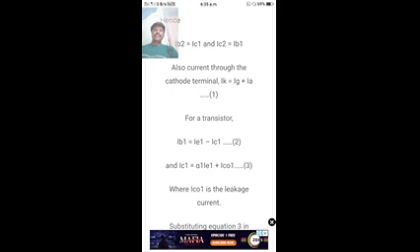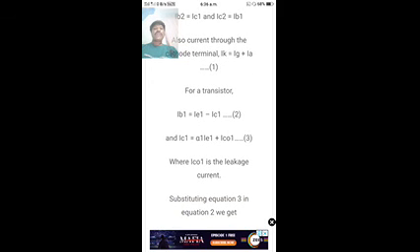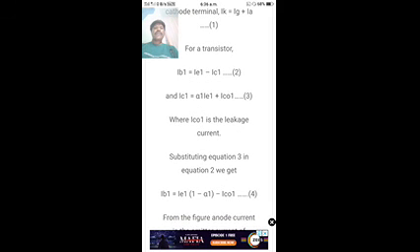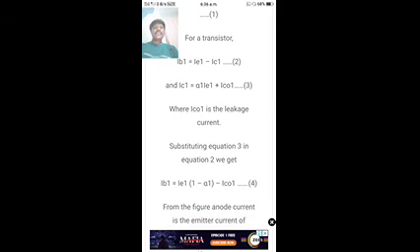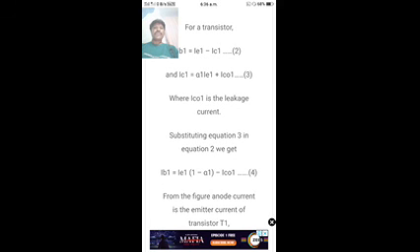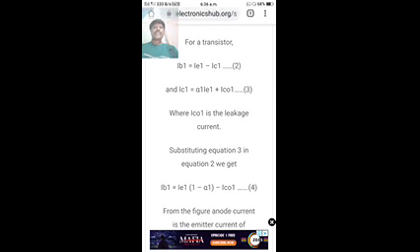And we can write the equation for the collector current IC1 corresponding to this configuration, which is alpha times IE1 plus ICBO, shown in equation 3, where ICBO1 is the leakage current of transistor 1. Substituting equation 3 in equation 2, that is, substituting the value of IC1 in equation 2.